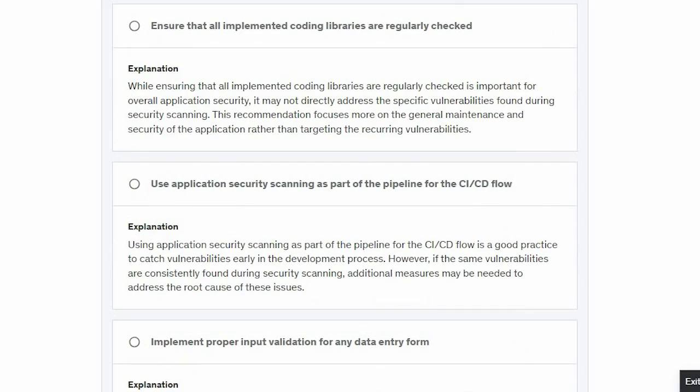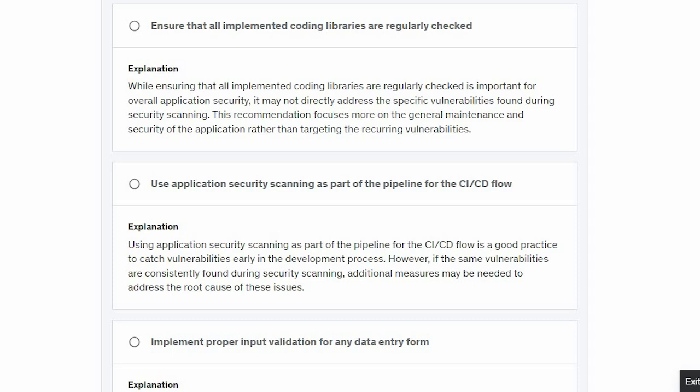Answer number 2. Ensure that all implemented coding libraries are regularly checked. While this is important for overall application security, it may not directly address the specific vulnerabilities found during security scanning.